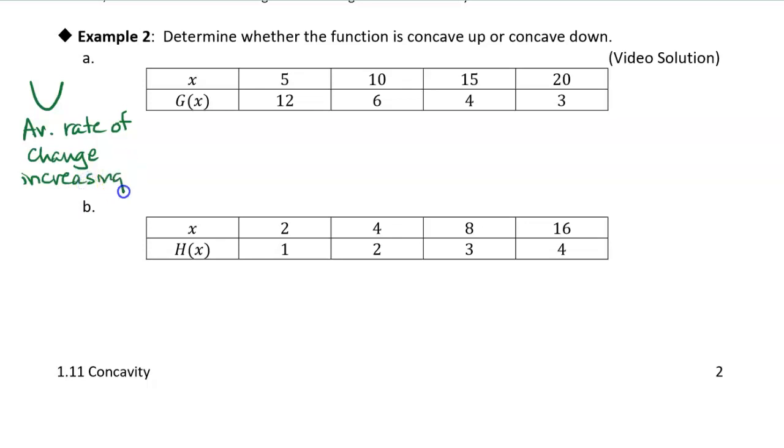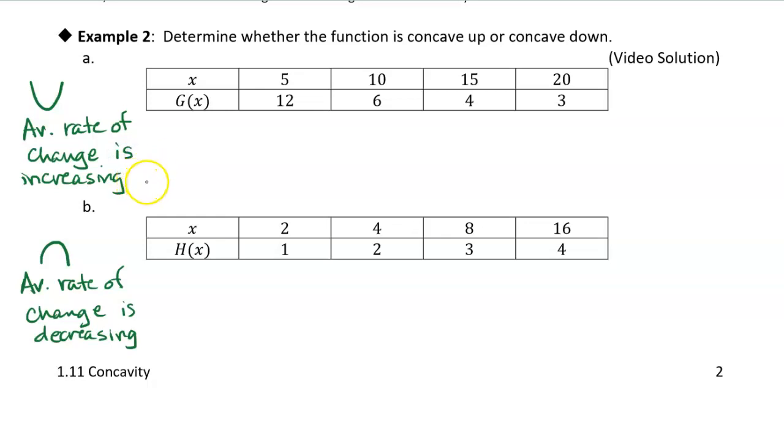And if it's concave down, then it looks like an upside down U, and the average rate of change is decreasing. All right. So that's what we learned from the last example.